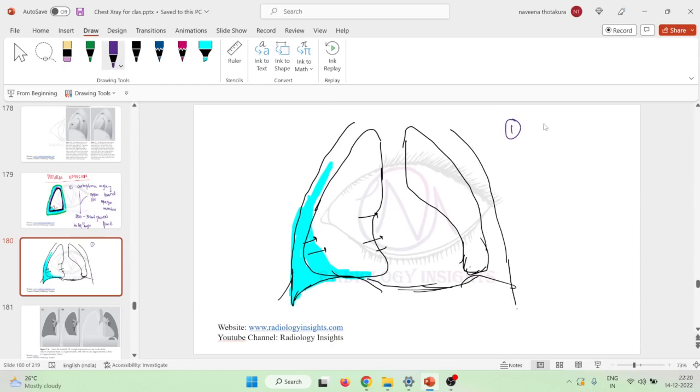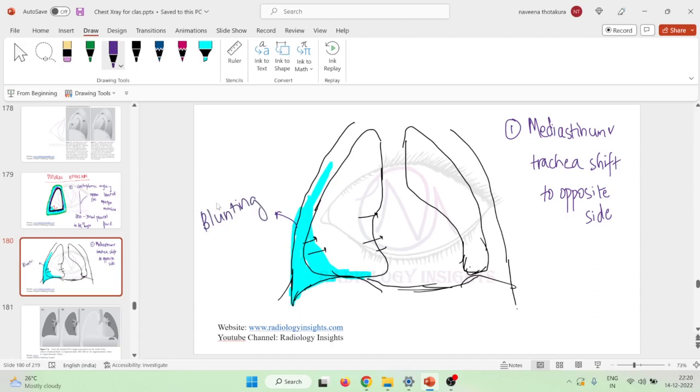The mediastinum or the heart and trachea are deviated or shifted to the opposite side of the pleural effusion. That is, they are shifted to the normal side. That is one important thing.